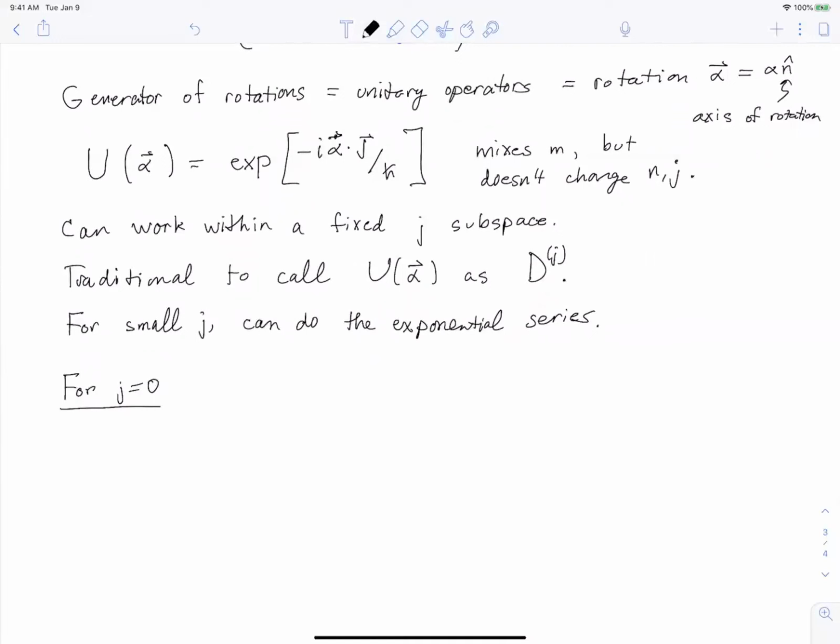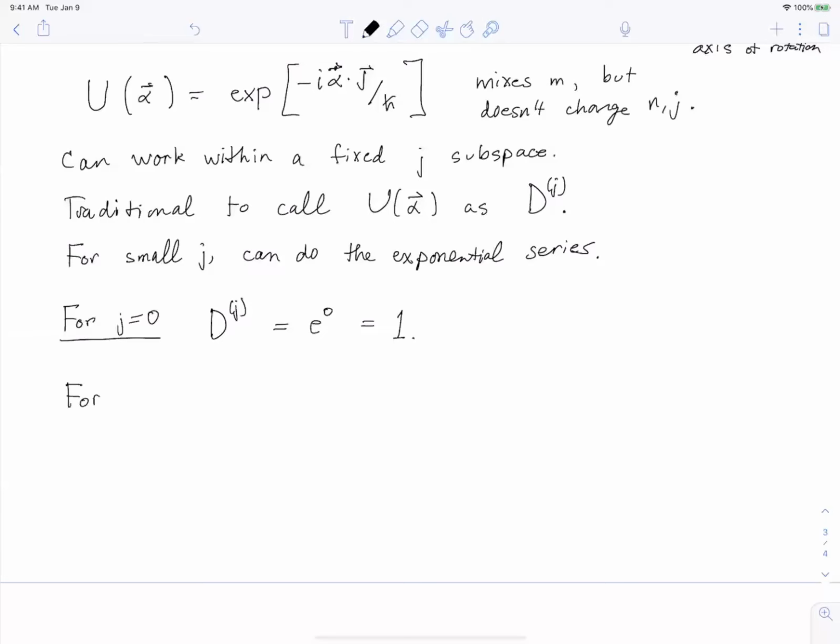For j equals 0, basically what we're doing here is we're taking an exponential of something that's always 0. And so that's 1, or the identity operator. So D_0, the unitary operator that does rotations, is e to the 0, which is equal to 1. That's another way of saying if you're in a j equals 0 state, doing a rotation doesn't change your state. It just leaves it the same.